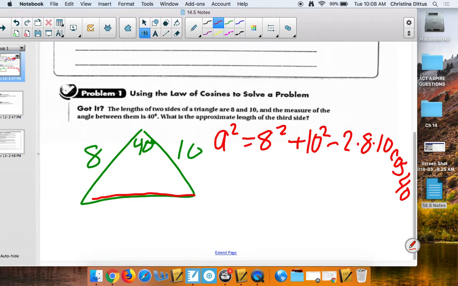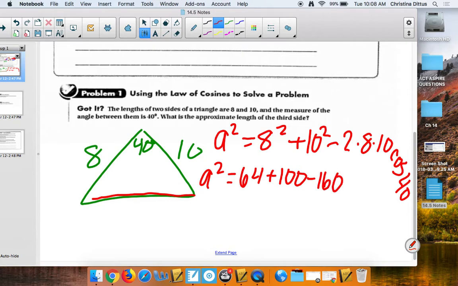Yes. Okay, simplify. Still have my a squared. 8 squared is how much? 64. 10 squared? 100. Then we're going to go minus. Let's do 2 times 8, 16. 16 times 10? 160.